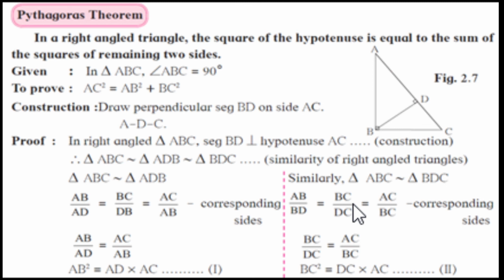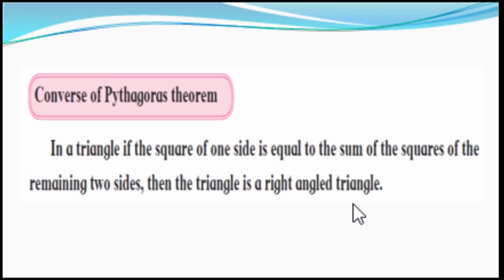In a right angle triangle, the square of the hypotenuse is equal to the sum of the squares of the remaining two sides. This is very important and you have to remember this theorem. It is asked in the examination, or it may be asked as an activity also, because there is a new pattern known as activity. And finally, we have seen the converse of the Pythagoras theorem.